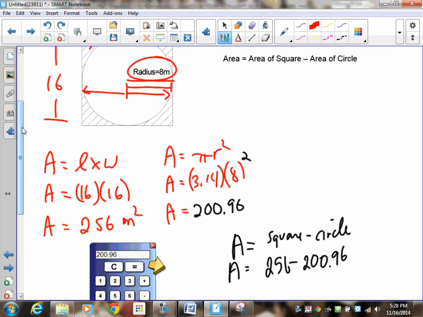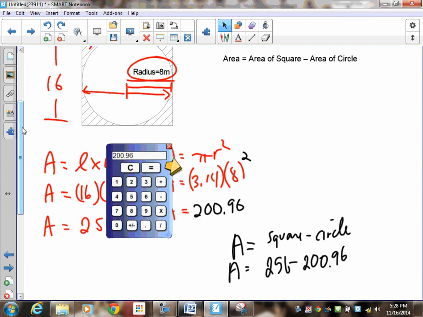So on my calculator, I have 256, take away 200.96. That gives me 55.04. So my area is equal to 55.04. And now check for your units. We're in meters, so it is meters squared.